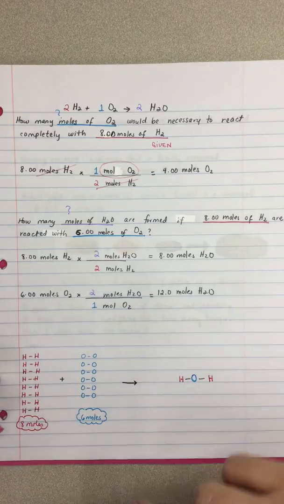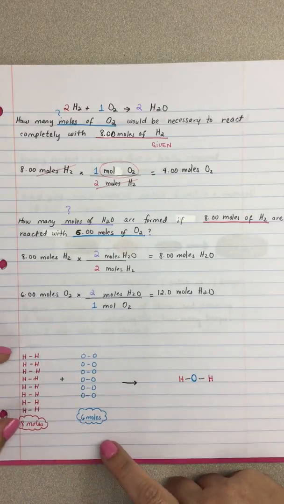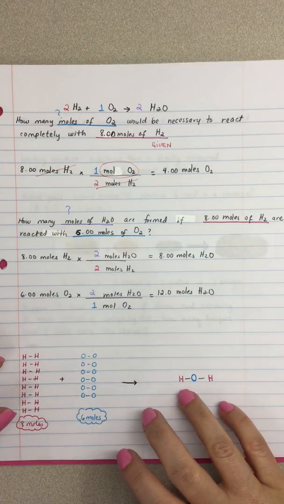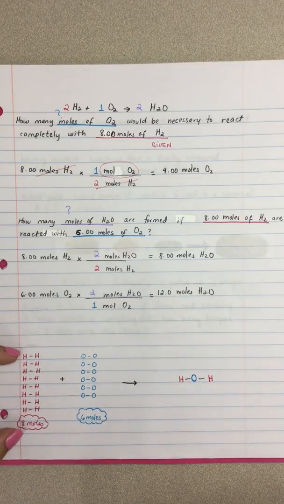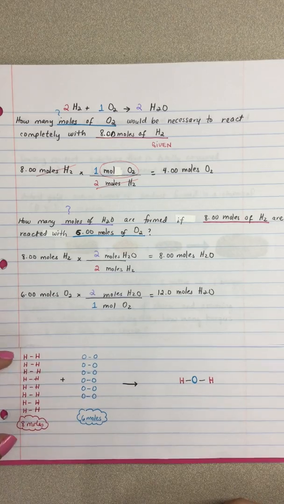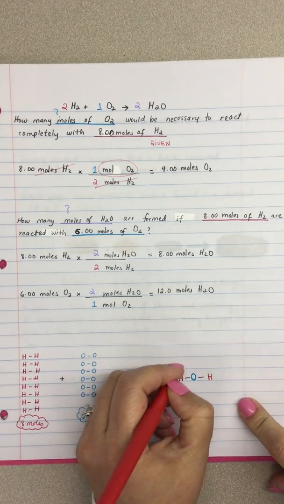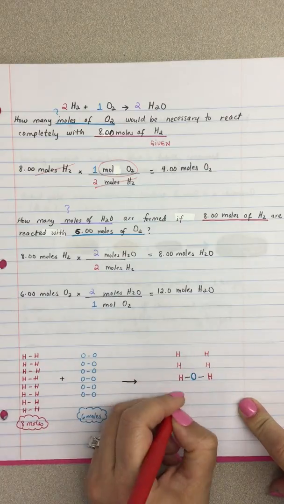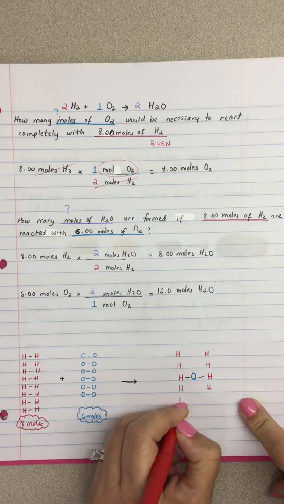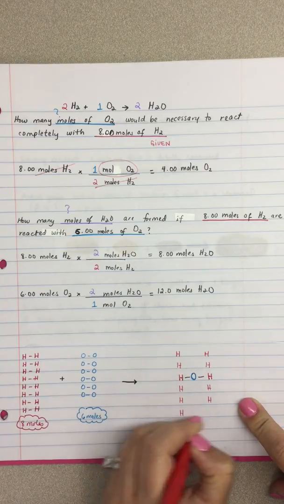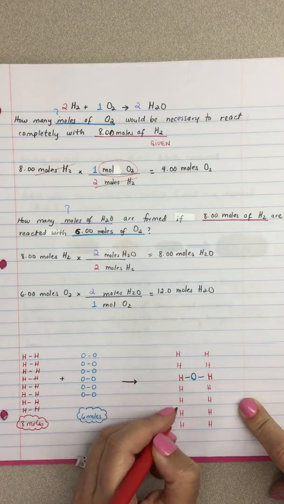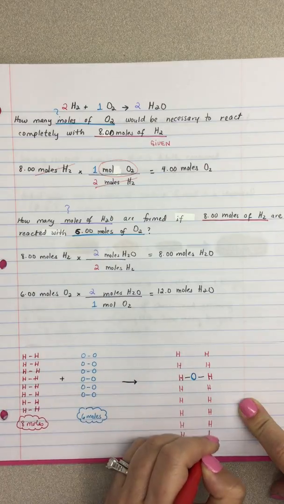So with the given amounts that you have, 8 and 6, the maximum number of water molecules that you can get is this amount right here, 8. And I'm going to write it down. That's 1, 8.